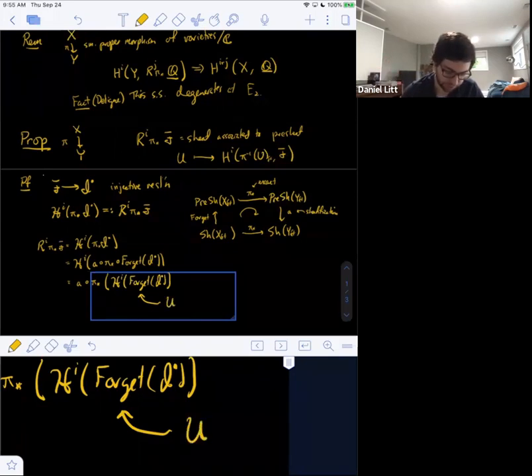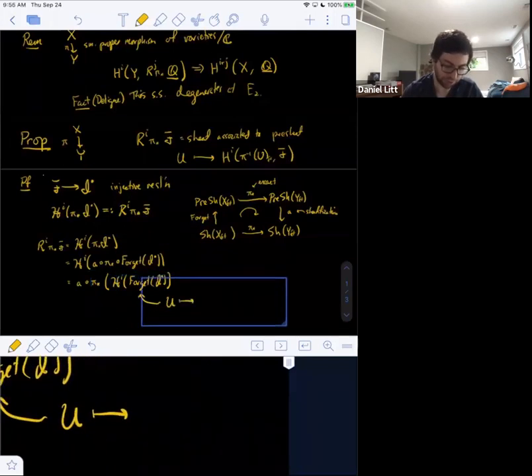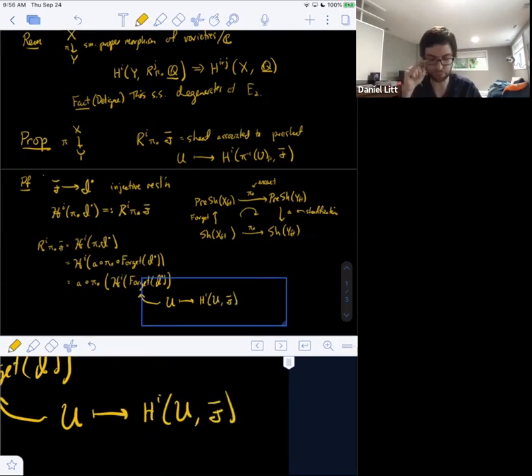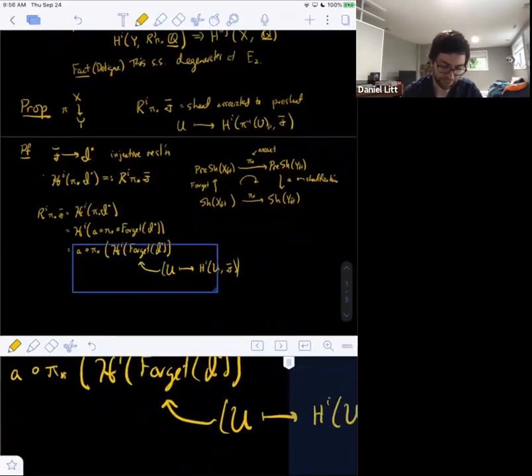And what are they? If you compute them explicitly, they're the functors that send an open U to H^i(U, F). And what's the proof? Just look at I bullet restricted to U, which is an injective resolution of F, so you're exactly computing this cohomology. Okay, so what are we saying now? Now we're done.